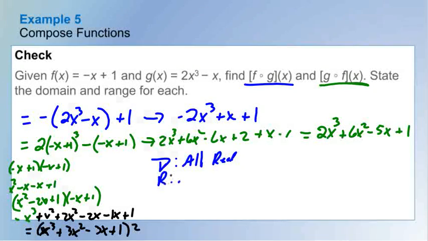And the range is all real. Just think of it like it's got an odd degree and a negative leading coefficient. So that would be all real. And then for the other one, we also have a cubic function. These will also be all real numbers.